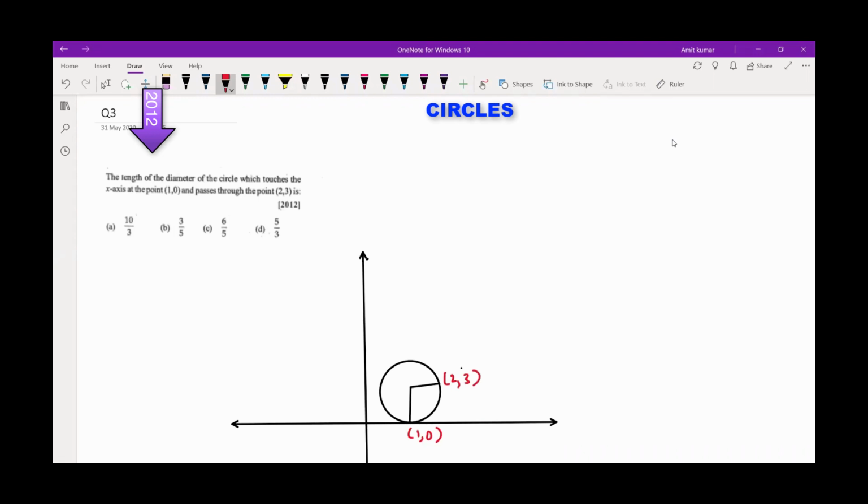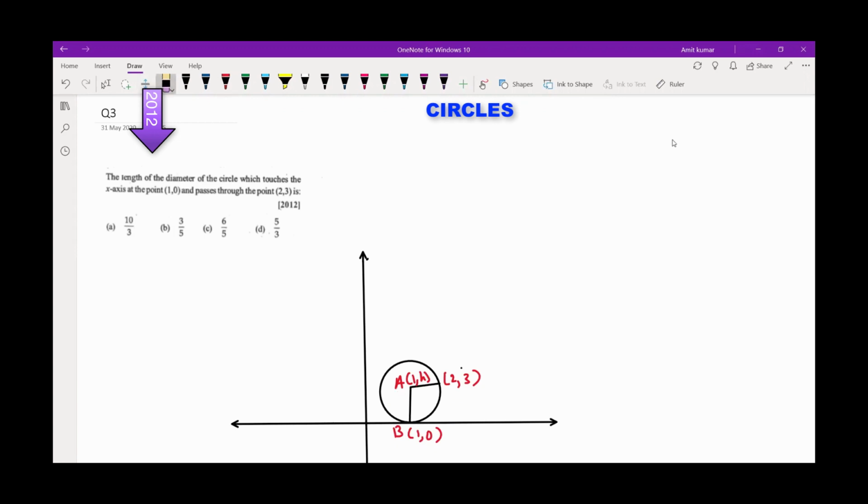Now from the diagram I can conclude that this A is the center. If AB is the radius, since the circle is touching the x-axis, the x coordinate of this center is 1, and let h be the y coordinate. If this circle touches the x-axis, then we know that the radius is equal to the y coordinate, that is r is equal to h here.